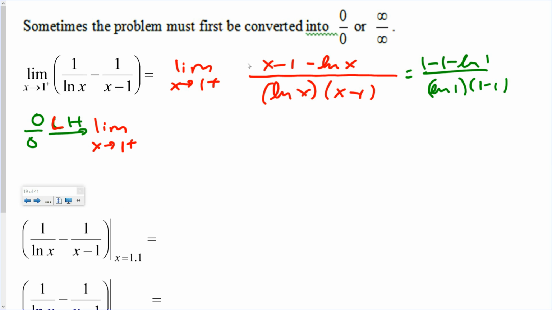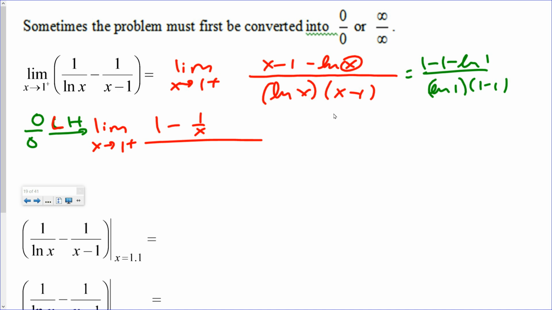That means I can take the derivative of the top. What's the derivative of x? 1. What's the derivative of 1? 0. And what's the derivative of ln of x? 1 over x, right? U prime over u. So this was my u, so it's 1 over x. All right, what's the derivative of ln of x times x minus 1?